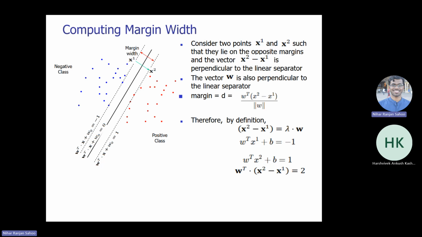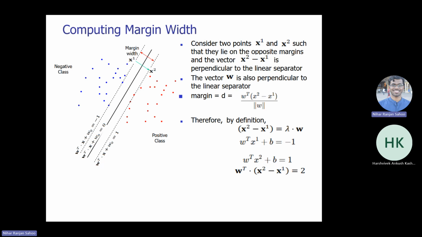If you see the margin equation, how we have represented margin: d equals W transpose (x2 minus x1) divided by norm of W, where x1 is from one class and x2 is from the other class. We have to divide by the normalization factor.